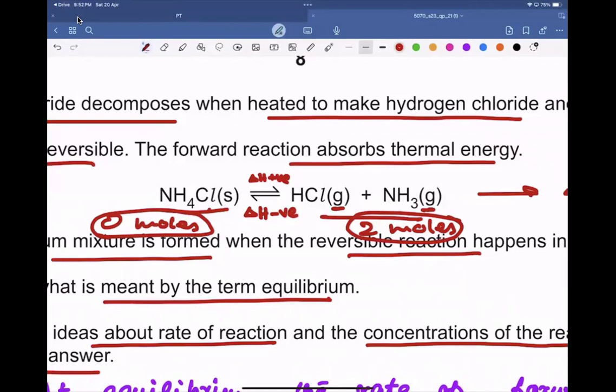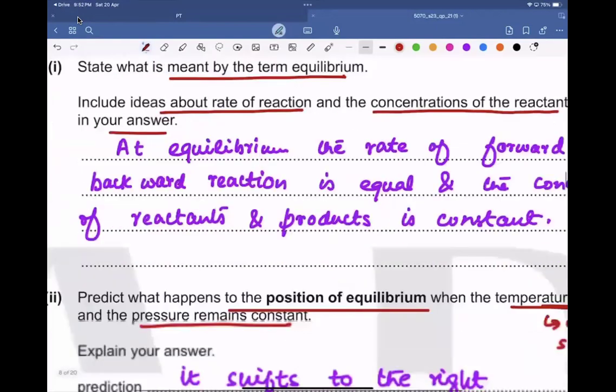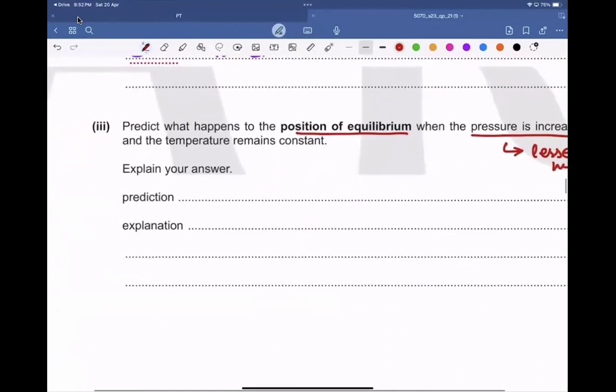Why? It is because there are lesser moles of gas or no moles of gas. Or you can write there are more moles of gas on the product side or less moles of gas on the reactant side.